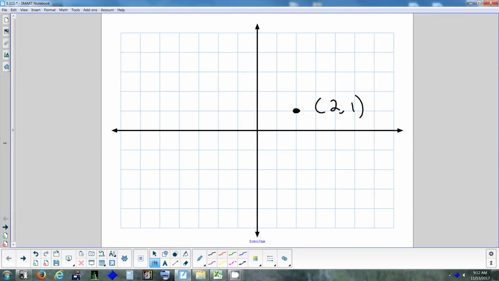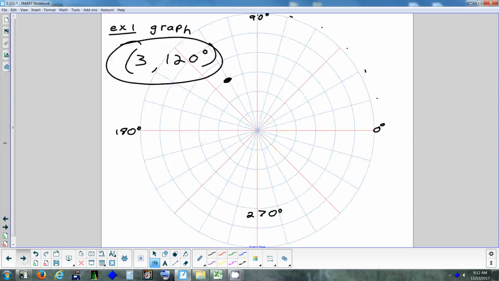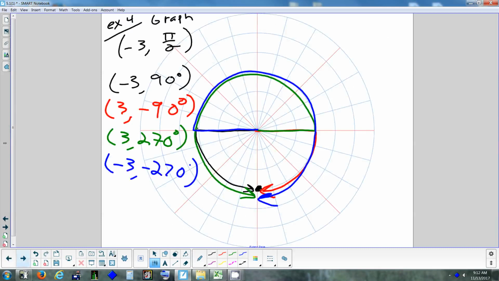What do you think? Zach? No, there is no other coordinate. 2, 1 is the only way to get to that point. So in rectangular, if somebody gives you a location and wants to know how to get there, there's only one way. In polar, there's 4.